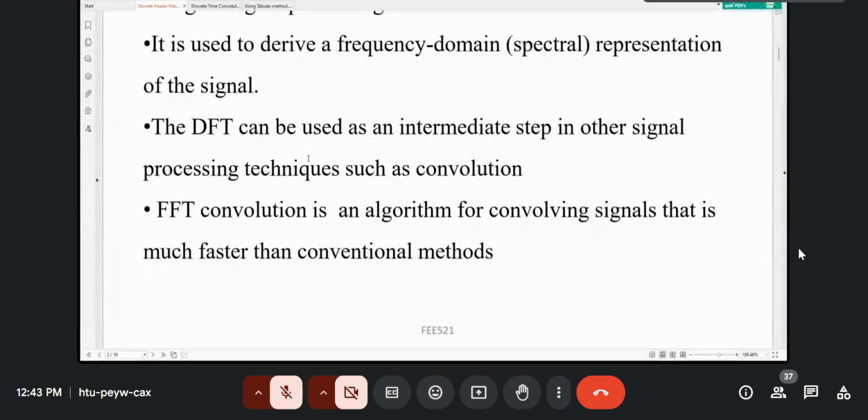The DTFT is continuous, so you can't use it in discrete-time or digital systems. So we sample the DTFT in the frequency domain. Whenever you think of sampling, you think of sampling in the time domain, but here we sample in the frequency domain.